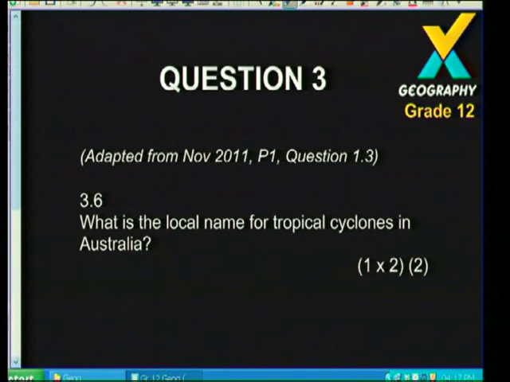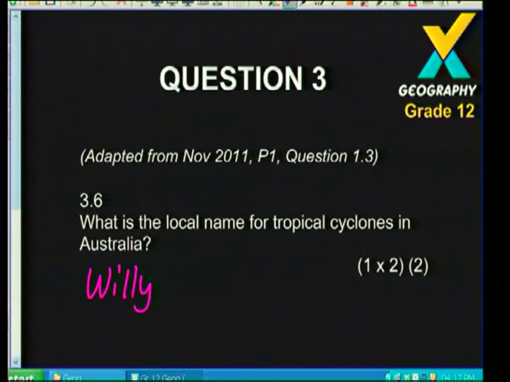What is the local name for the tropical cyclone in Australia? Now, I know it's quite a contentious issue because some of you go over the internet and find that this word willy is actually sometimes referred to as a dust storm.